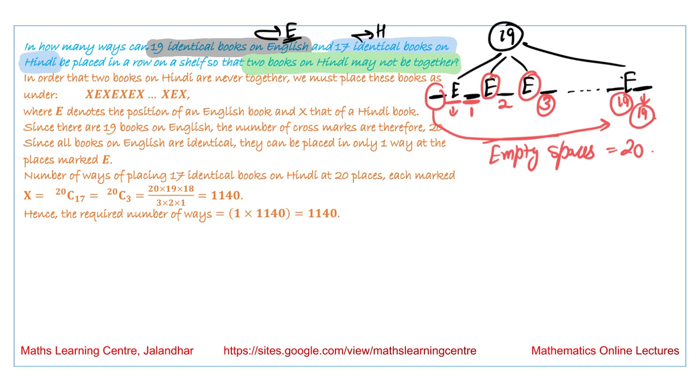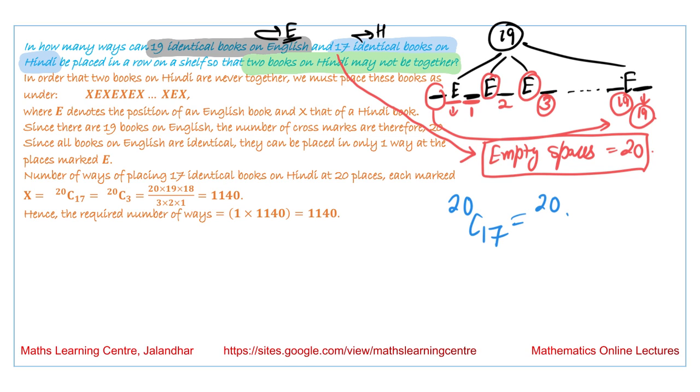Now on these 20 empty spaces, the 17 Hindi books are to be placed. The way of doing this is that out of these 20 spaces, we have to choose 17 spaces. This is equal to 20C3, which is 20 into 19 into 18 divided by 3 into 2 into 1, and on solving this we get 1140.